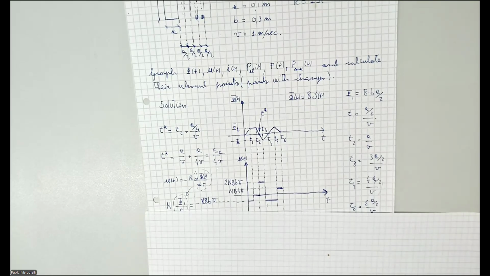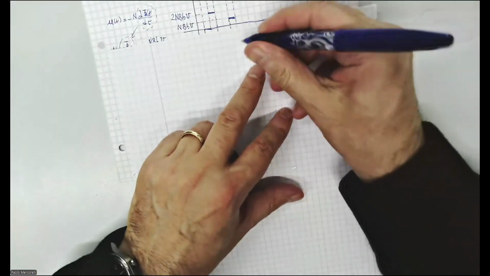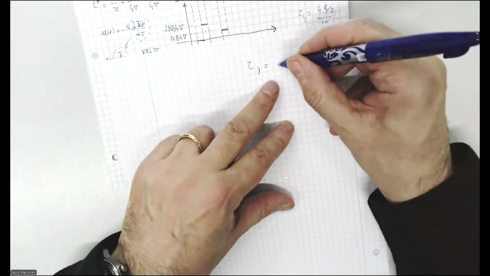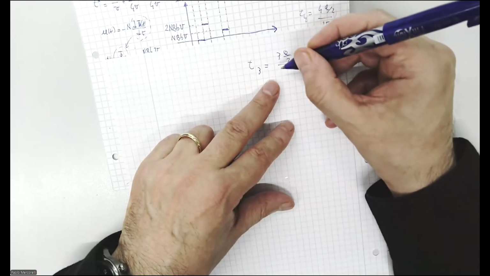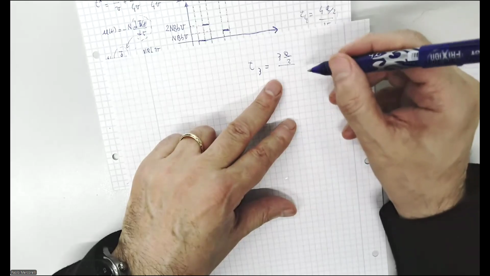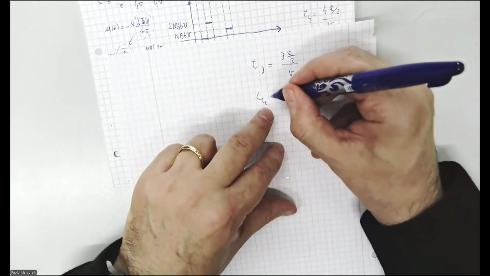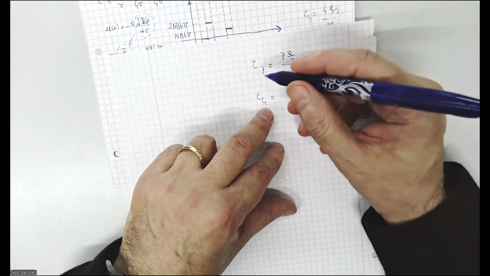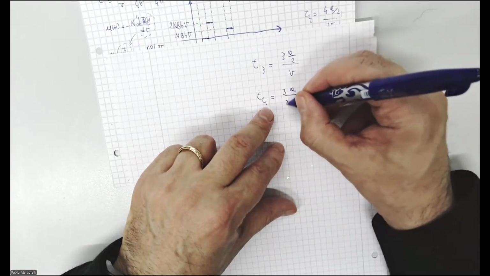No, it's just an error. Let me do it again. It's a shame. T3 is this correct as before, no? Yeah, because it's 3 times A divided by 2. Now T4, it's 0, is T3.